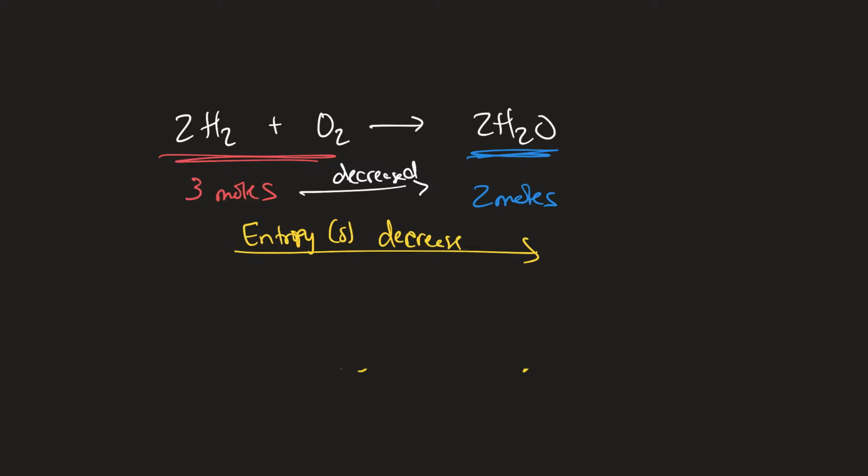When you have fewer moles, it's typically more organized. When it's more organized, your delta S is negative. That change from disorganization to organization makes delta S a negative number, and thus you can see that it has become more organized.